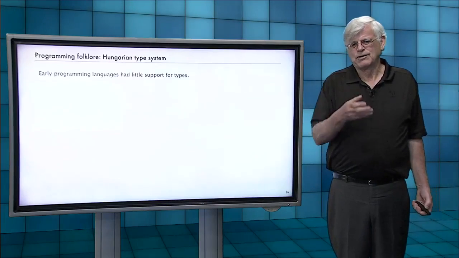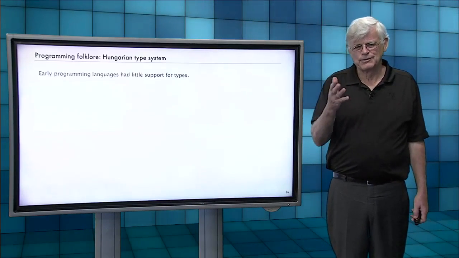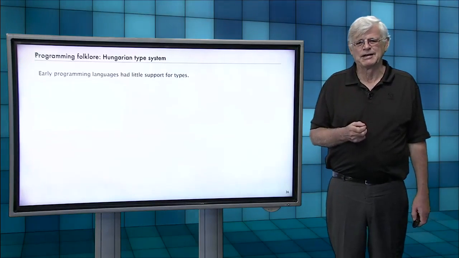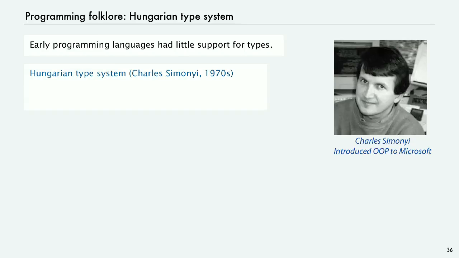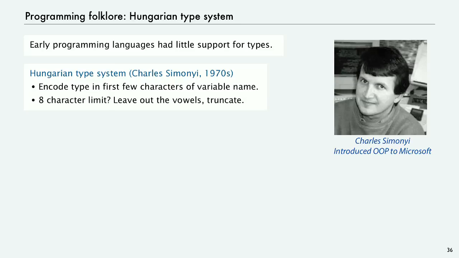And I'll just finish off with an old story from early programming languages. At the beginning with machine languages, there was not so much support for types, and that was actually one of the innovations of C. Charles Simonyi, who was a programmer in the 1970s at Xerox PARC, had the idea of making a program easier to understand by encoding the type in the variable name itself.